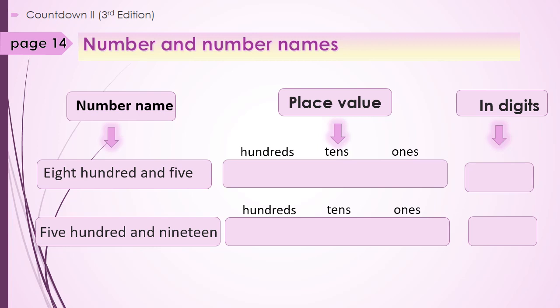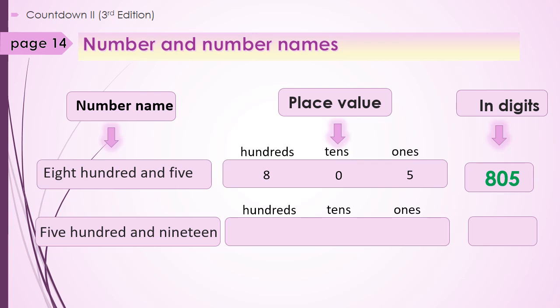The first number is 805. Here we have 8 hundreds and 5 ones. But there are no tens, so we will write 0 on tens place. So the number becomes 805.